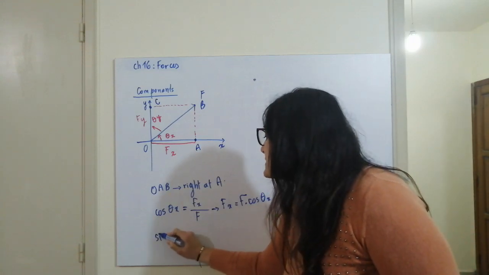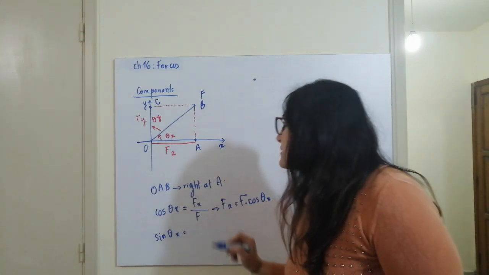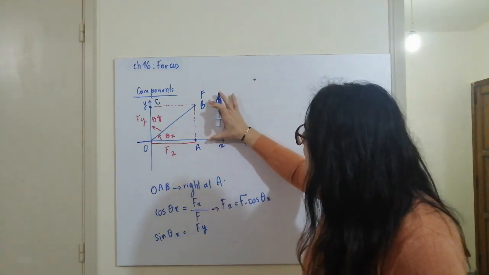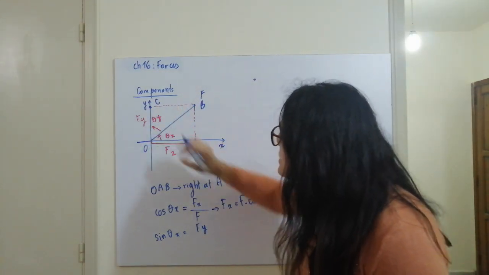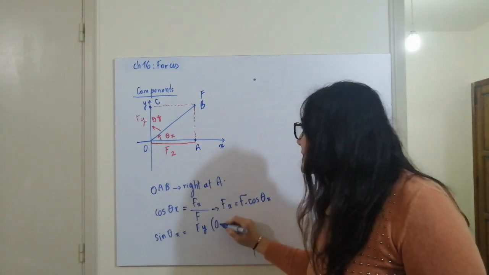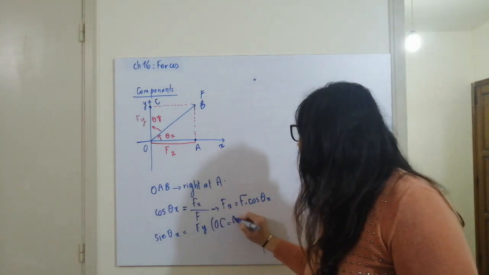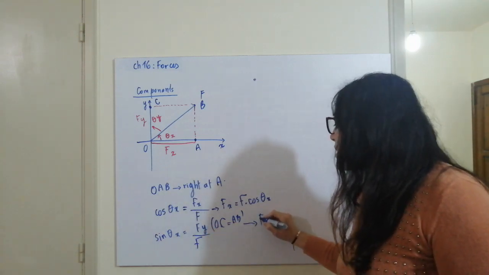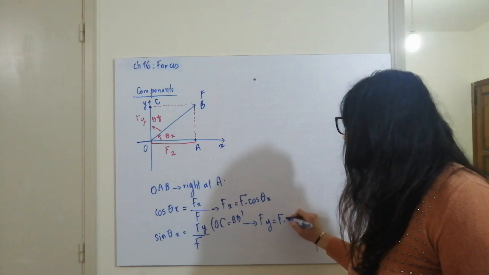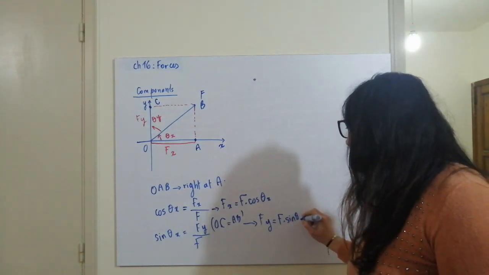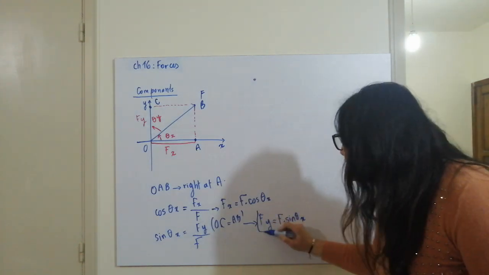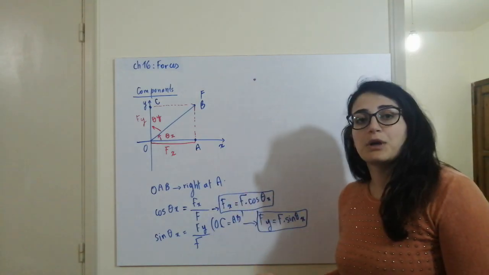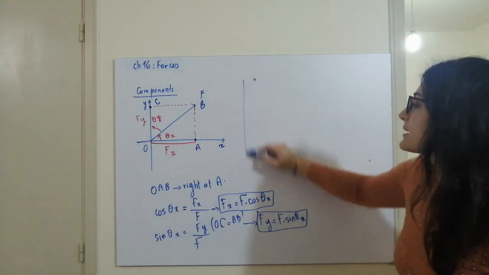Now, if you want sine theta x, you need the opposite side, which is Fy, because AB equals OC, over F, which means Fy equals F times sine theta x. You don't need to go through all these, you just have to memorize the formulas, but in case you forgot them, you can calculate them.